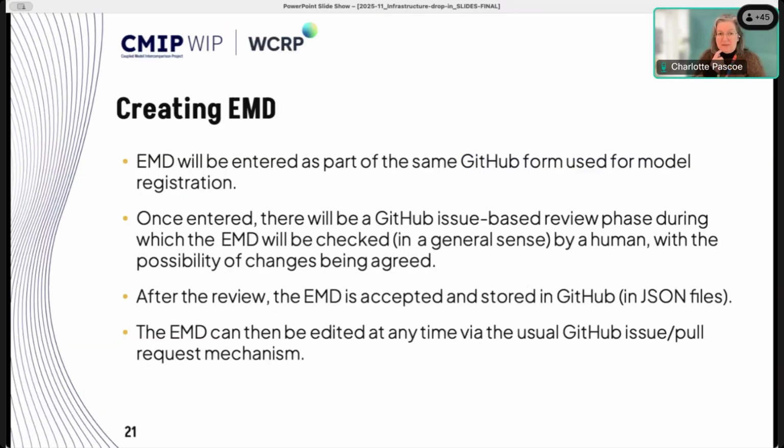So, as Laurence said, the essential model documentation will be entered as part of the same GitHub form that's going to be used for model registration. And then once that's entered, there'll be a GitHub issue review phase in which your model documentation will be checked.